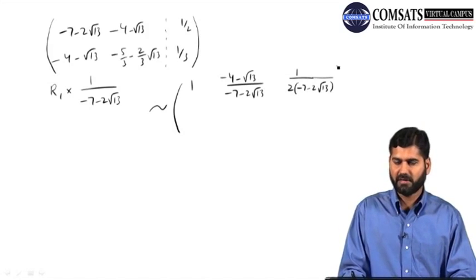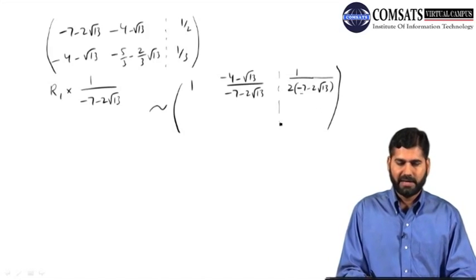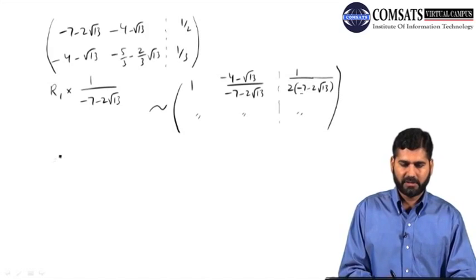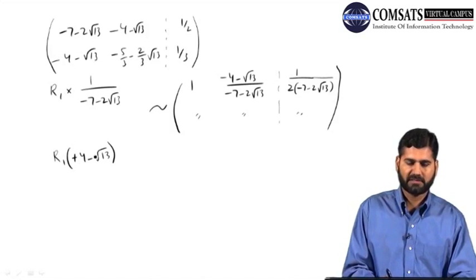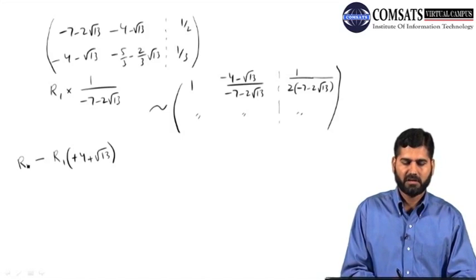This is what you will get, right? And here you have the same thing. Then you can multiply R1 by this number, because I want to make a 0 here, and subtract it from R2. So this will change R2, right?